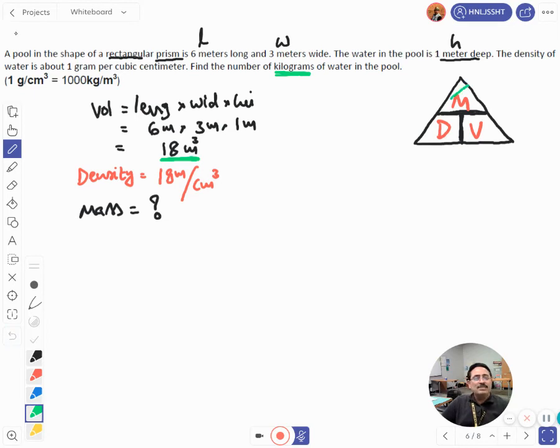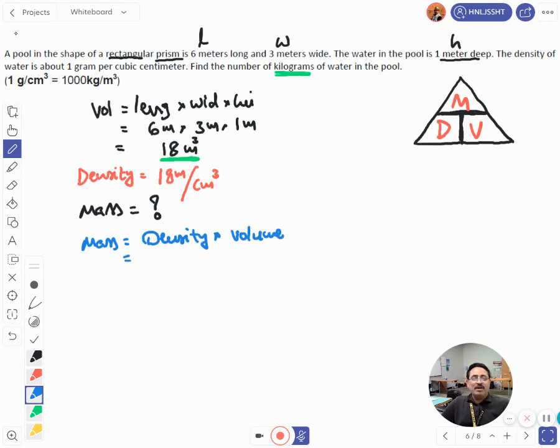Now, what is mass? So D and V are occurring side by side, which means I have to multiply them. Therefore, mass equals density multiplied by volume.